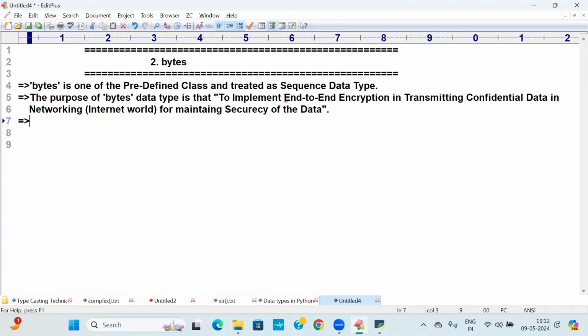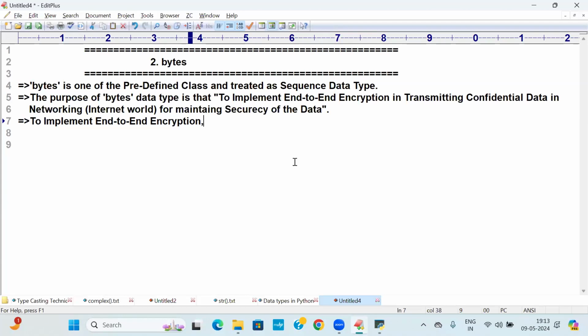To implement end-to-end encryption of transmitting the data, internally the bytes data type will organize some data. This is a very critical point to understand.